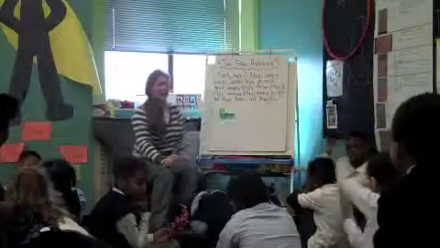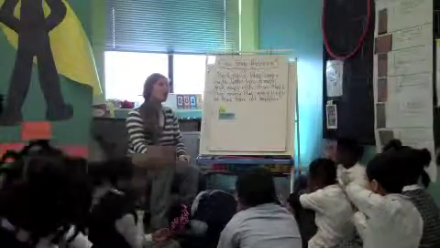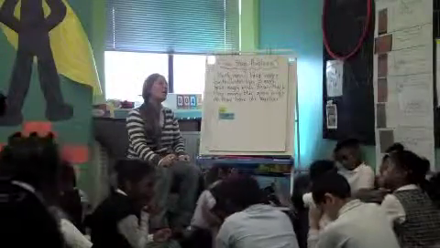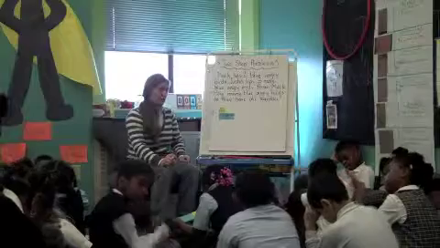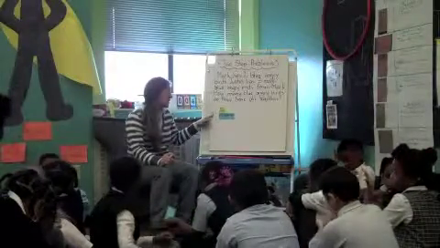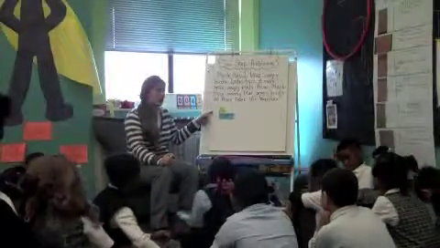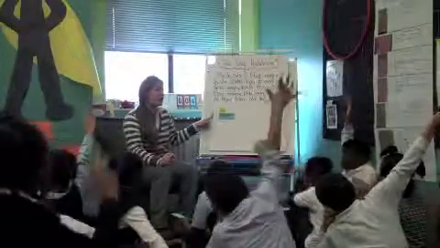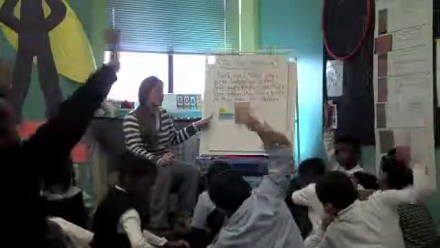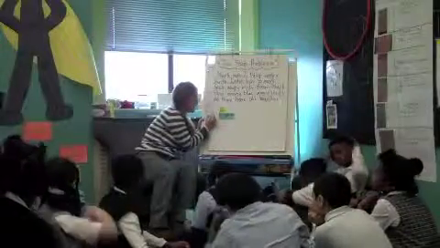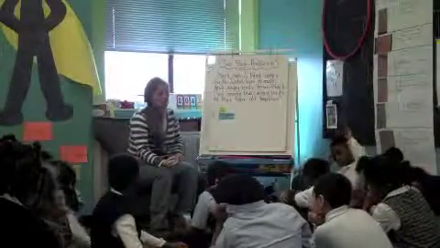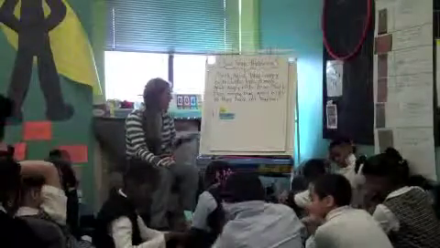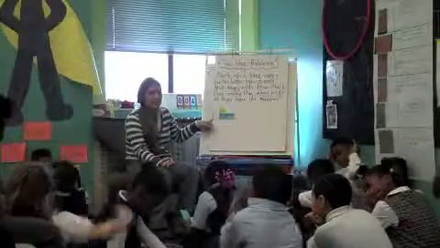Because Justin's 3 more, but in total he has 5. Right. So he has 5. Mark has 2. How many do they have all together? Justin. 7. Excellent. That's one way to do it.